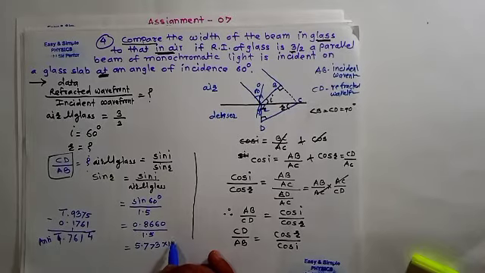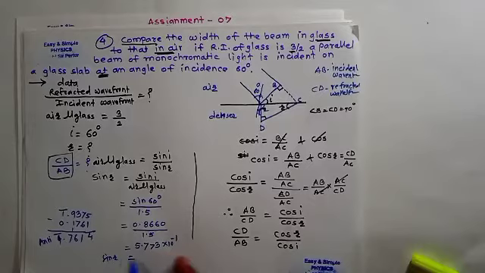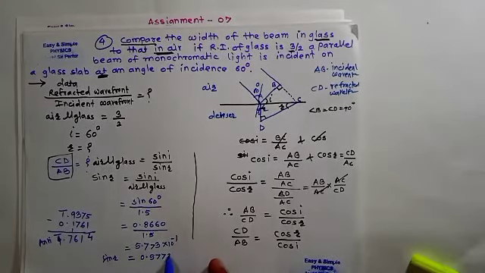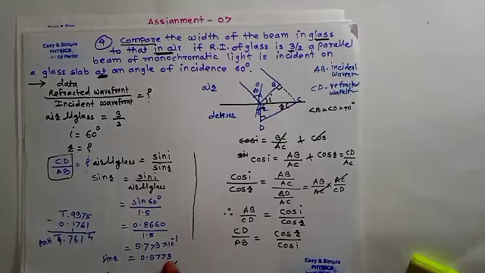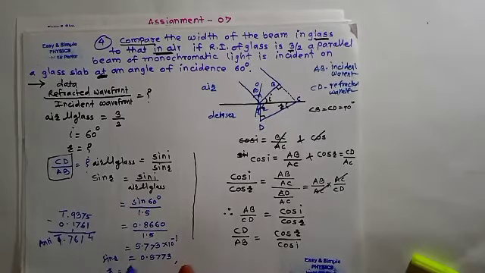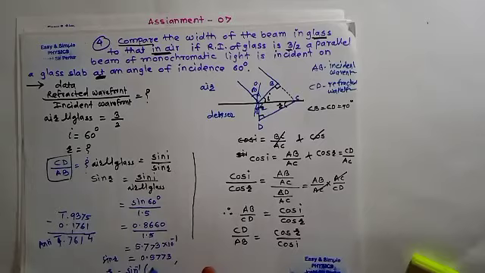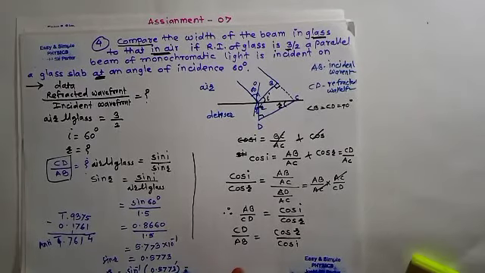5773 into 10 to the power minus 1, means sine of R is equal to 0.5773. So R is equal to sine inverse of 0.5773.